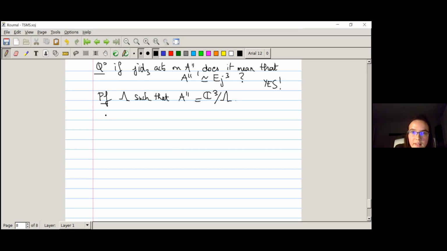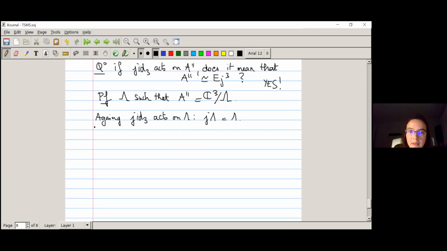And now the point is, again, j identity to the 3 acts on lambda. Right? Because it acts on the abelian variety, so it has to preserve the lattice.